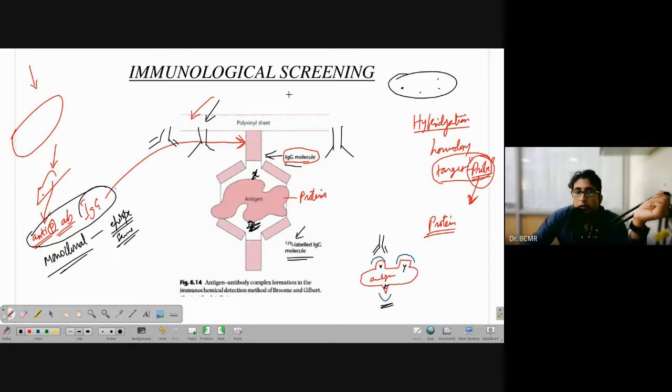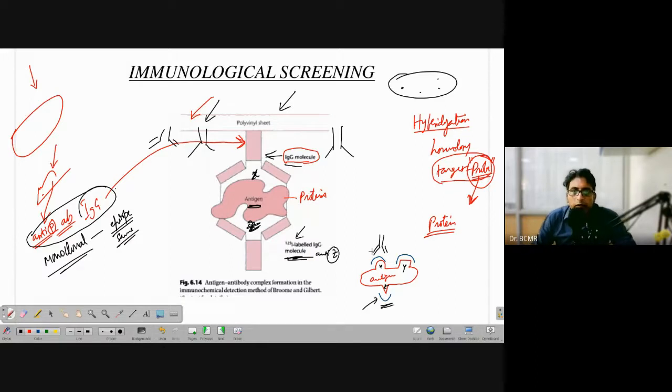The antibody present here is not labeled. It is just for binding to the antigen. And then we have a labeled antibody, second one. You can think of it as IgG, as anti Z, to this epitope.